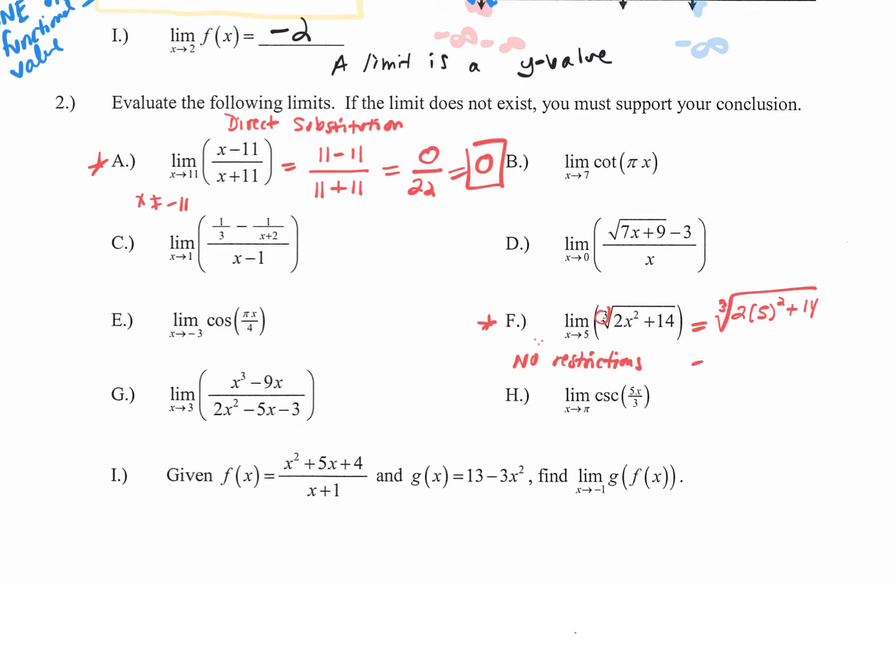So we've got the cube root of 25 times 2, which is 50, plus 14. That's the cube root of 64, which is just 4. 4 to the third power would give us 64. All right, so on to another slide where I have more room to do the remaining problems.